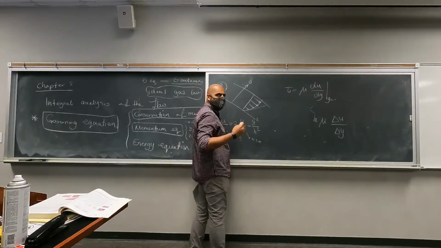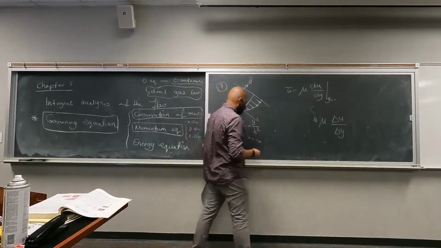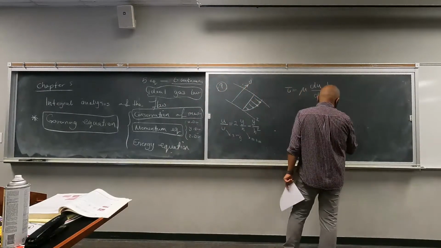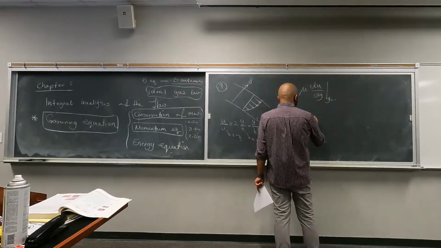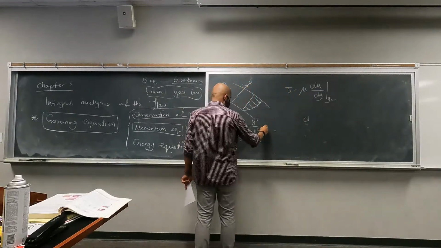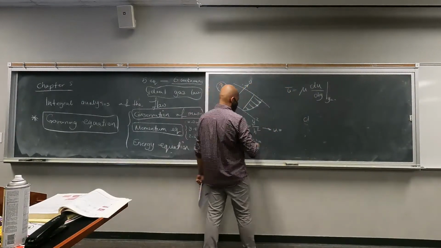So the derivative is not equal to delta u over delta y, right? But we are given the velocity distribution, so we can take the derivative very simply, right? Let's simplify this for u. Take the capital U to the other side.